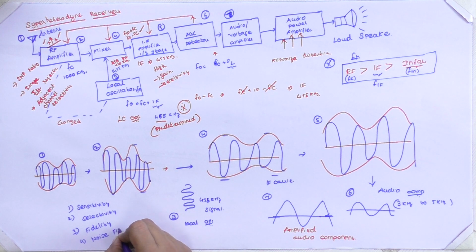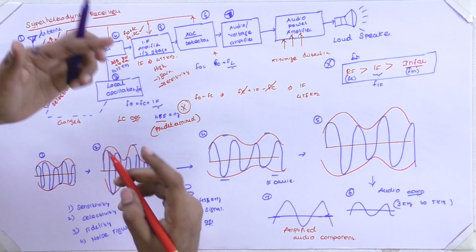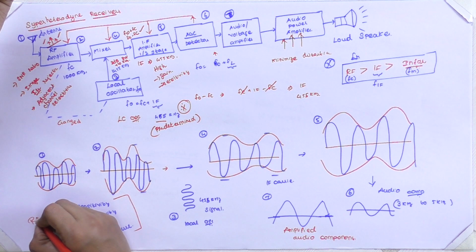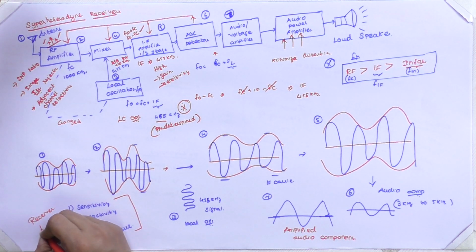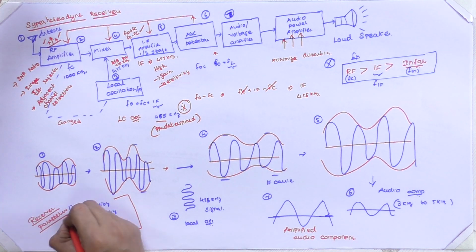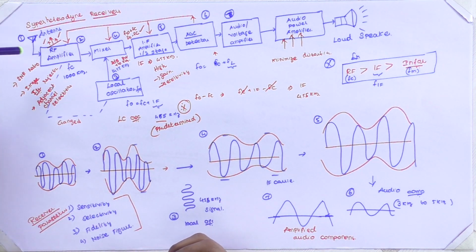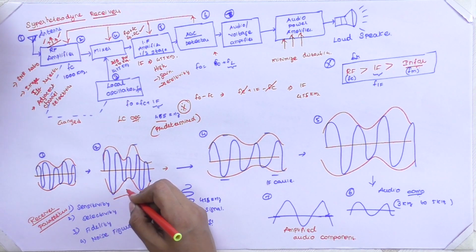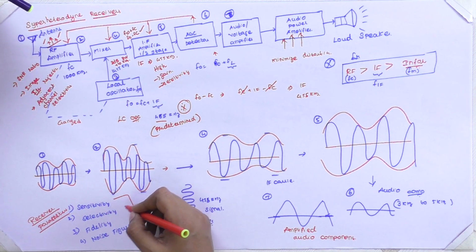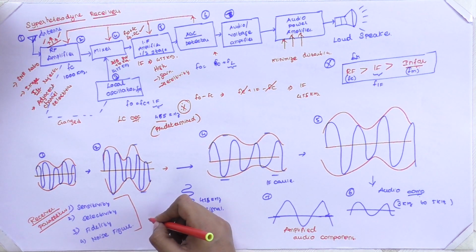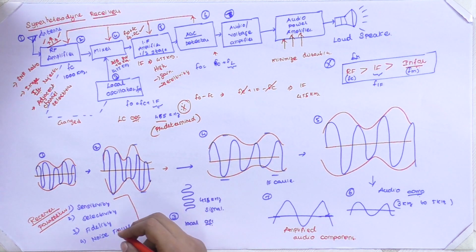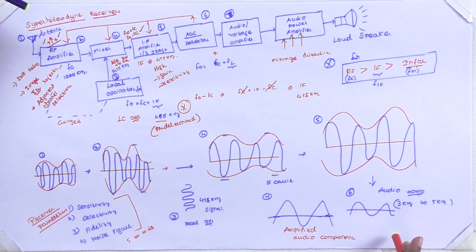These are the 4 important receiver parameters which need to be considered while designing the receiver. How much sensitivity it offers, how much selectivity it gives, what is the fidelity ratio, and what is the noise figure, the signal to noise ratio. Normally the noise figure should be maintained between 5 to 10 dB. And this completes our unit 1.